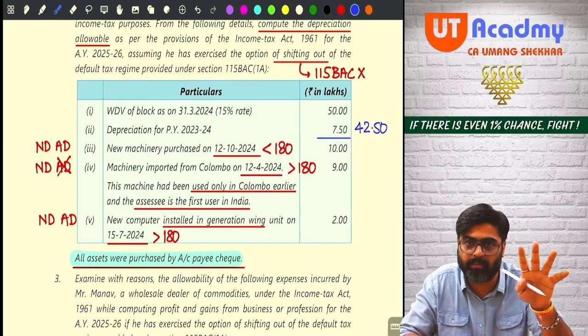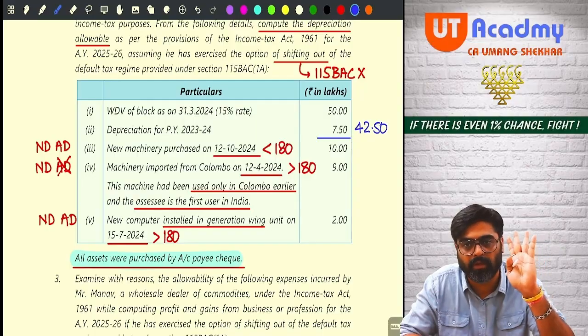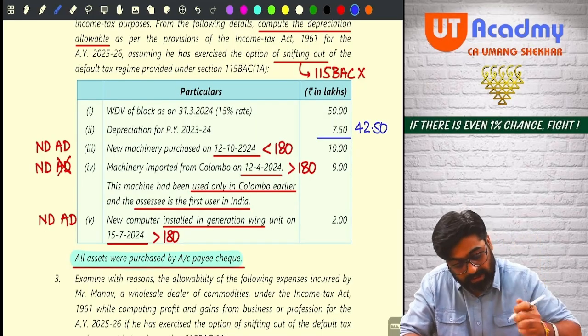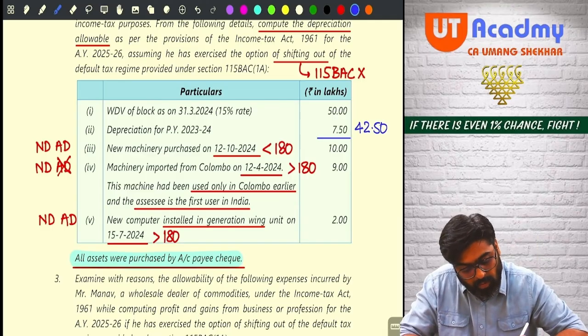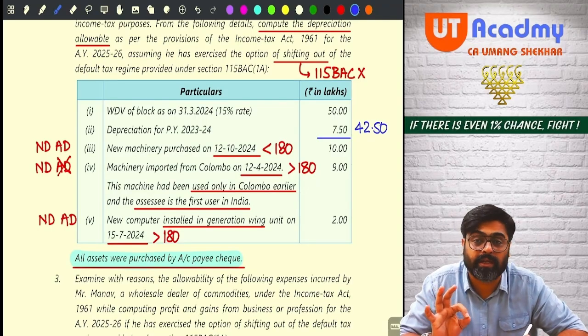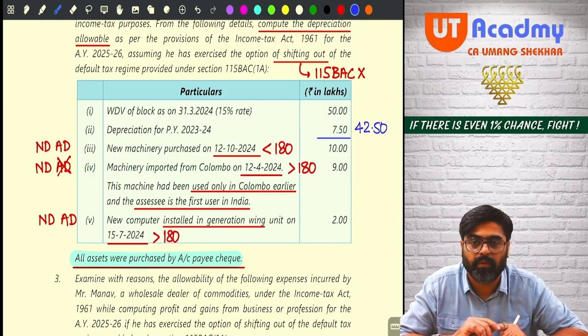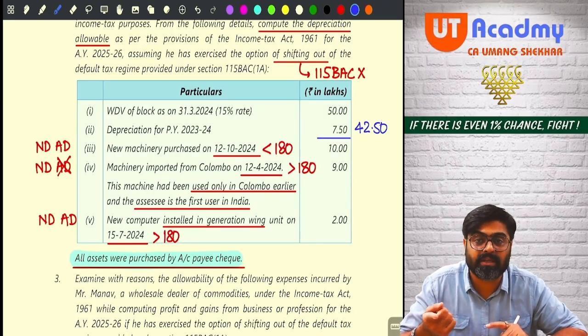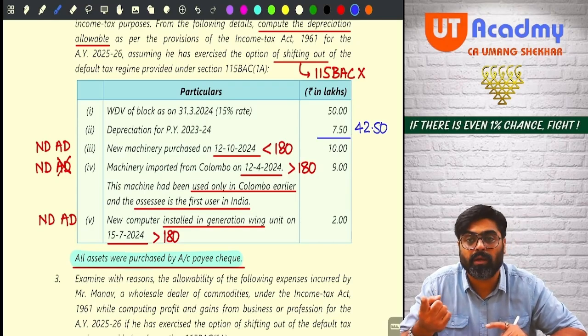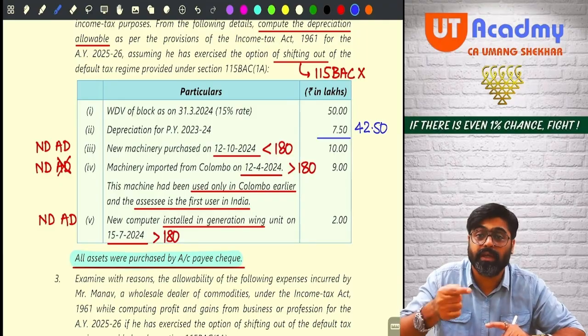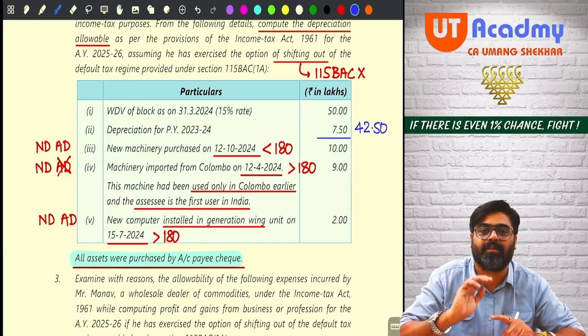On that, normal depreciation will be available because it is used in your business. But additional depreciation will not be available. Yes or no? Next one, this new computer installed in generation wing. Important. In that power generation wing, this computer was installed, meaning that the computer is used in the main business.